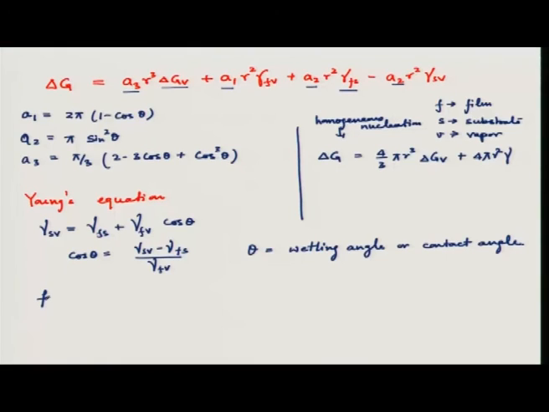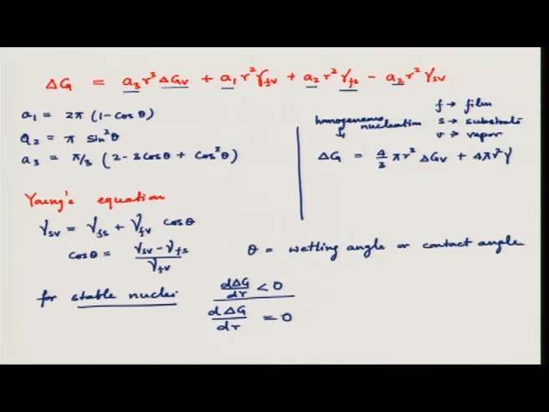For stable nuclei, we should have d delta G over dr equal to 0, or less. So d delta G over dr should be less than 0. Free energy should decrease with increasing radius of the nucleus, then it will be stable.